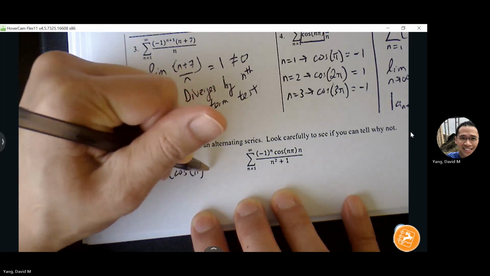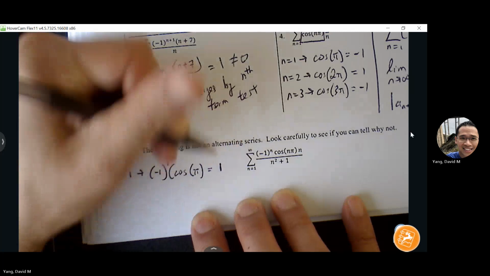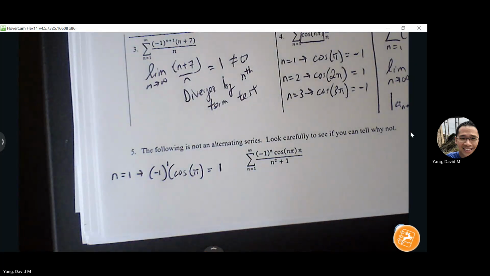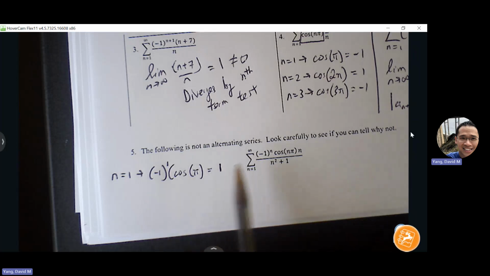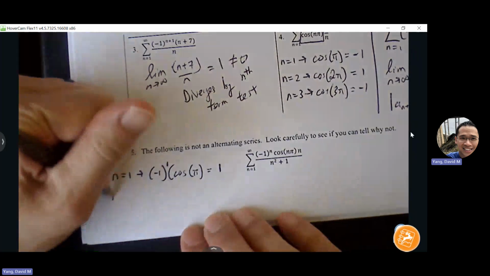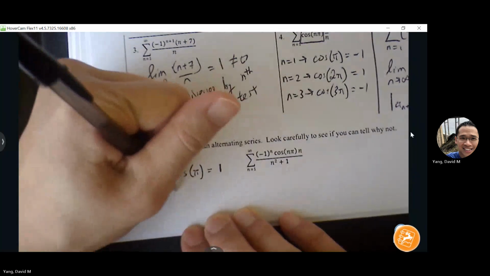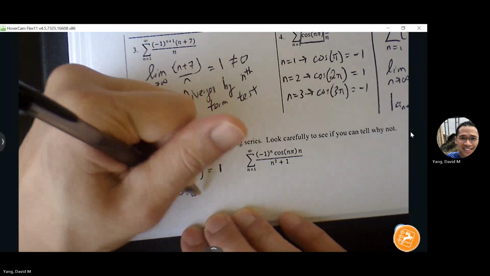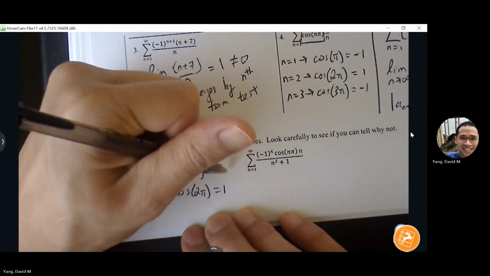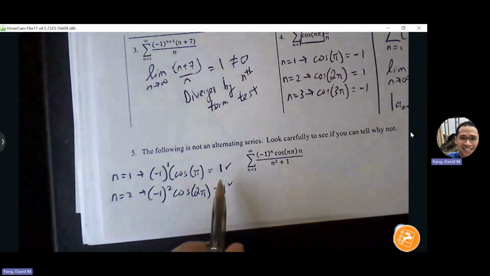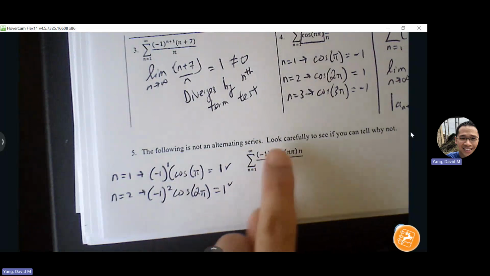It's always going to be positive, right? Because if I did n = 2, okay, so positive all the way through.